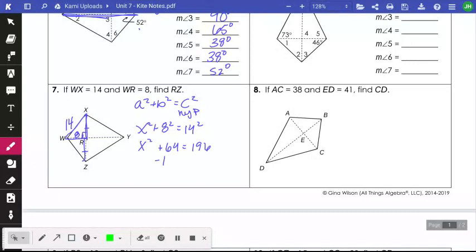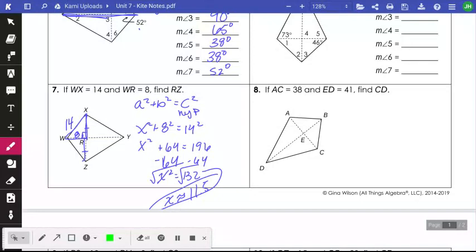I will minus 64 from both sides, and I'll get 132. I will square root both sides, so that X is approximately 11.5. Okay, it'll round. So RZ is 11.5, as is RX, because they're congruent segments.